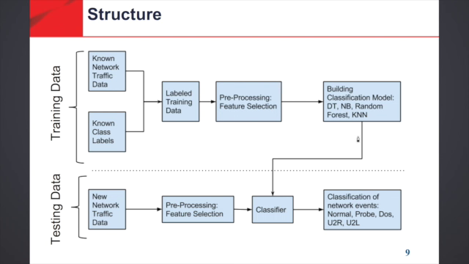After we build our model, we can get new traffic data and do the same pre-processing, and we do not need to train the classifier again because we already have one. We can simply apply this classifier to the testing data and classify each traffic record into 5 kinds of events.